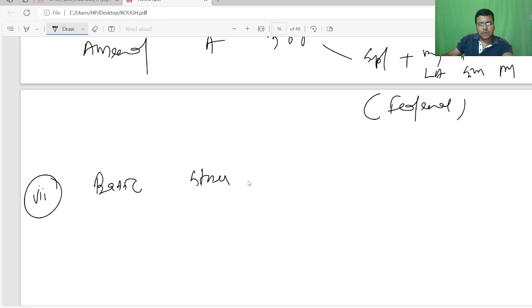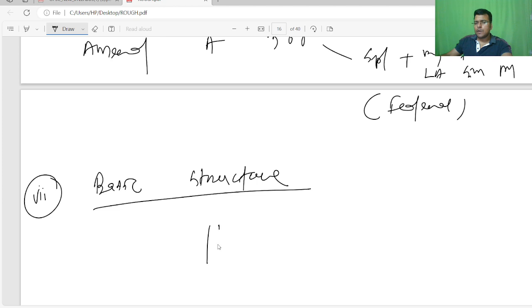Basic structure. Basic structure you all know. These are the framework upon which the Constitution is based. The most important framework of the Constitution we call basic structure. So these basic structures are like the pillars of a home.